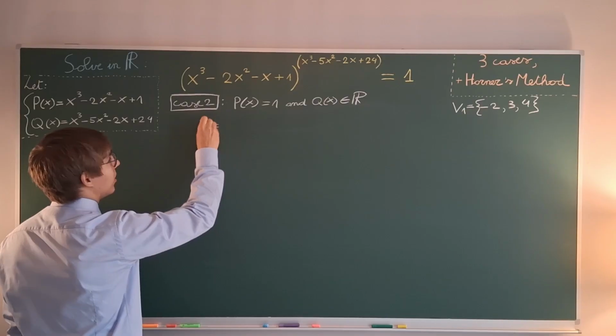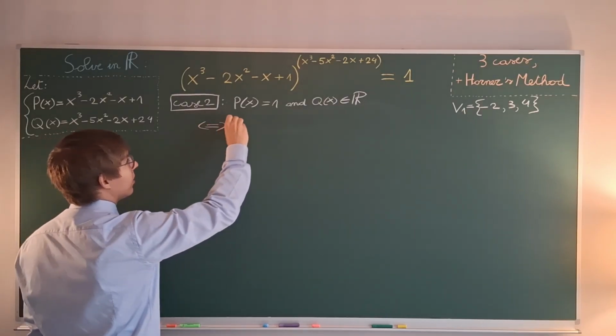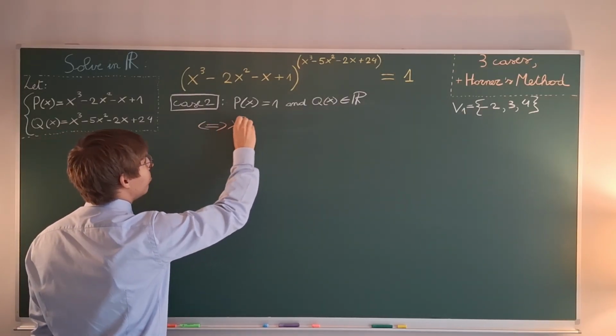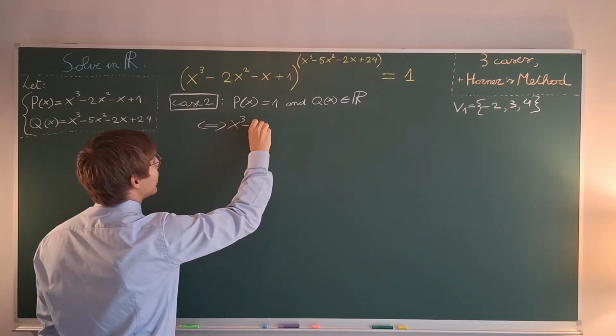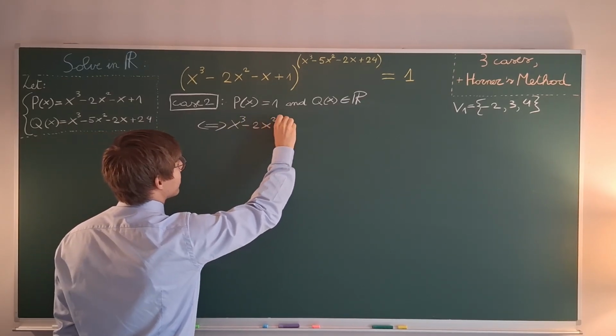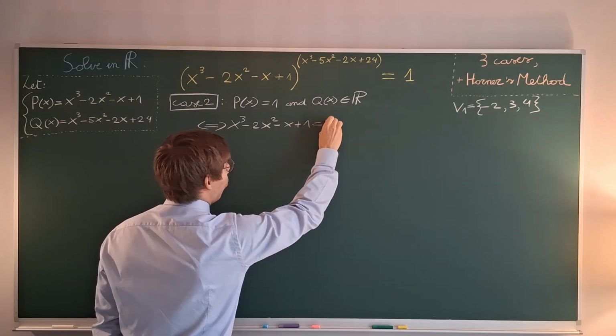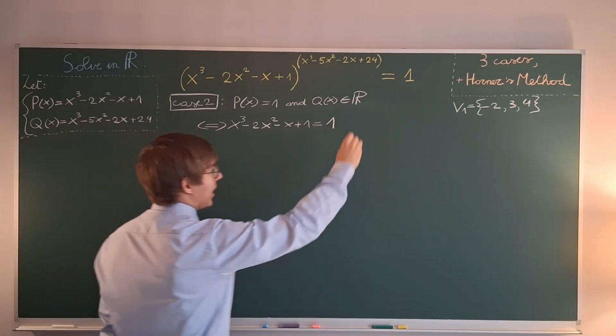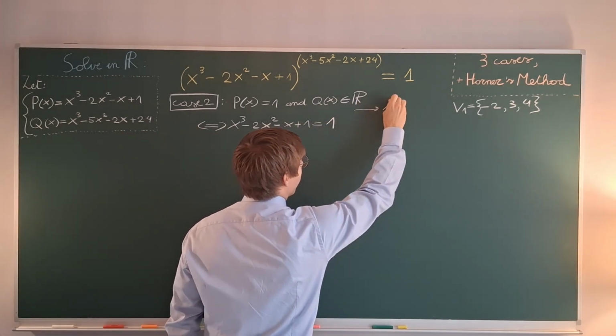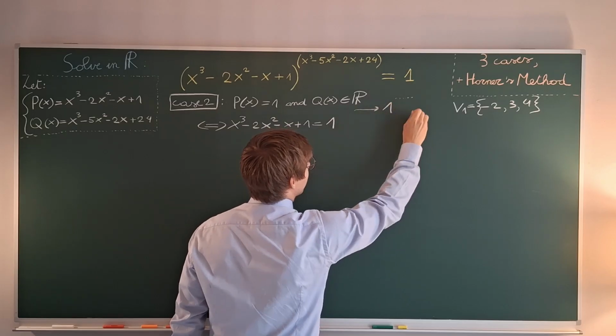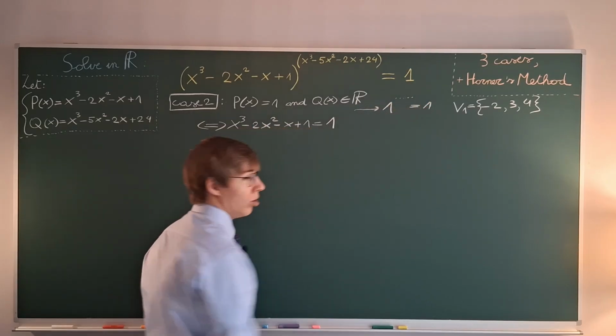So this happens when x cubed minus 2x squared minus x plus 1 is equal to 1. Since then, we will get 1 to the power of something, which will always be 1, of course.